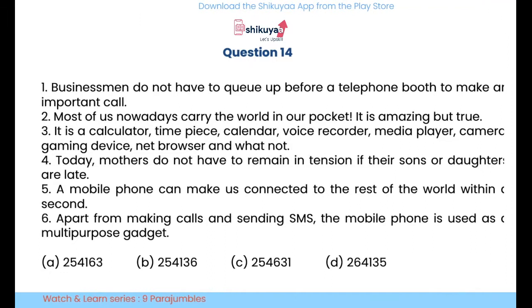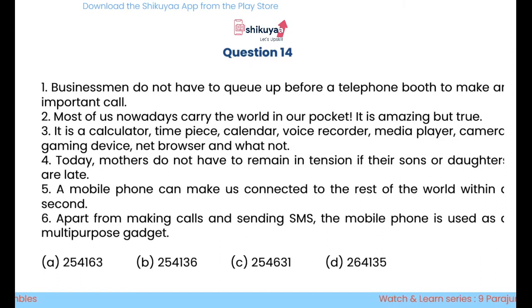The sentence is all about mobile phone and its benefits. The central theme of this question is the mobile phone and its benefits, and maybe its features as well. So the opening is sentence 2. Most of us nowadays carry the world in our pocket. It is amazing but true.